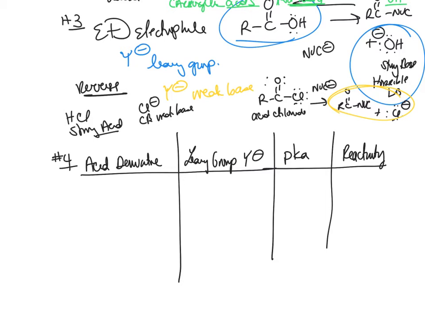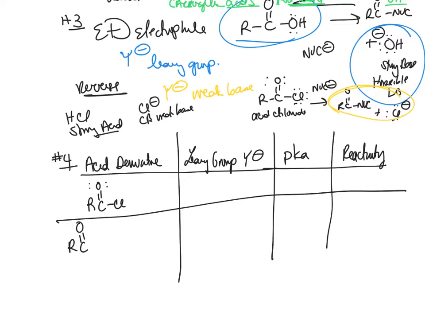So the first thing we have is an acid chloride, and I'm going to draw it out for you. The next thing we have is, and you can write the names down, this is an acid anhydride, RCO2COR. So this is acid chloride. These are functional groups. This is acid anhydride.